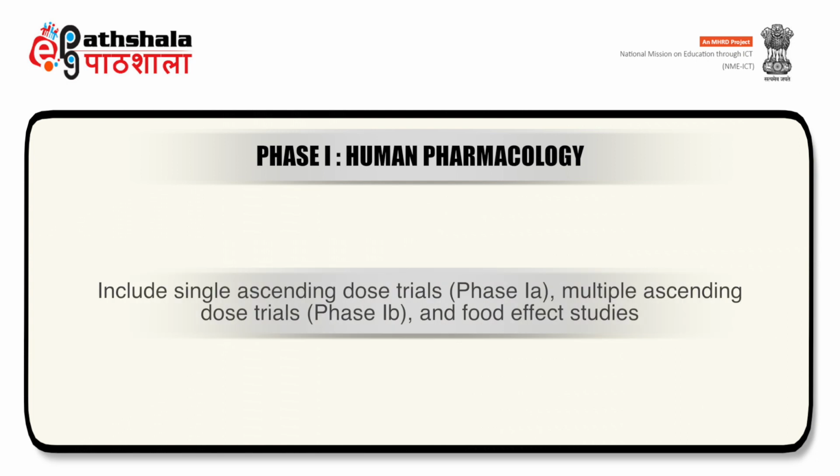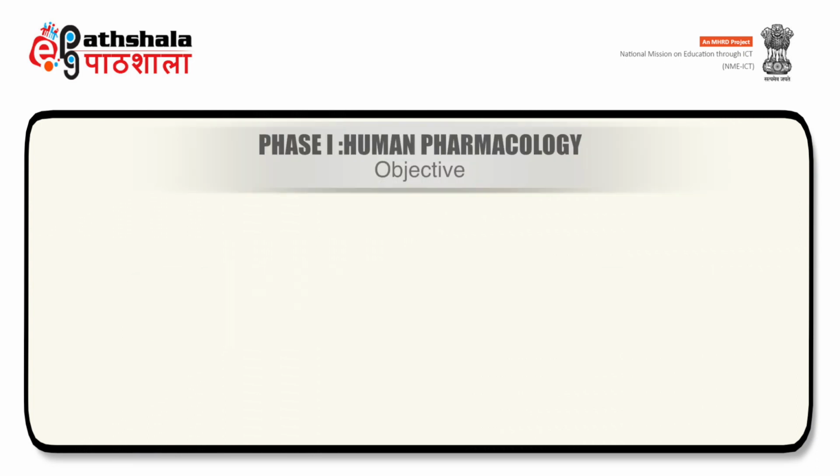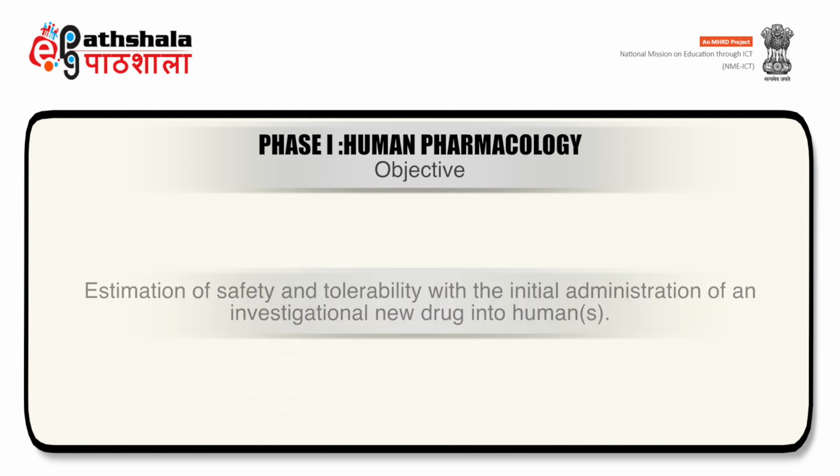Phase 1 clinical trial include single ascending dose trial, that is termed as phase 1A, and multiple ascending dose trial, that is phase 1B, and the food effect studies. Coming to the objectives of phase 1 trial.